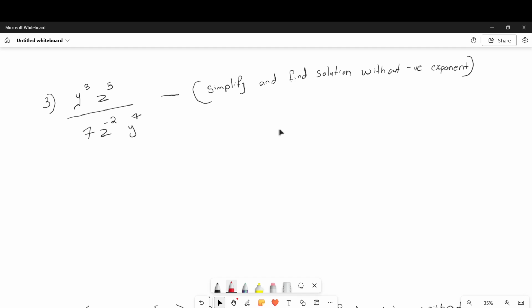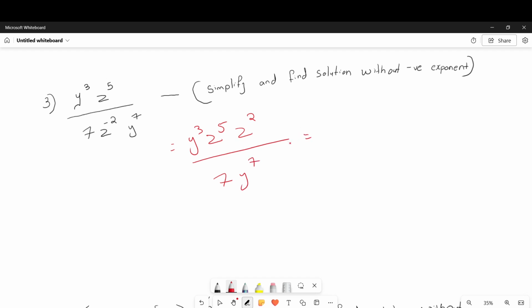So what we are going to do is, first we need to arrange the numerator and denominator here. So y cube, z raised to 5, make this z raised to 2 here, 7 y raised to 7.